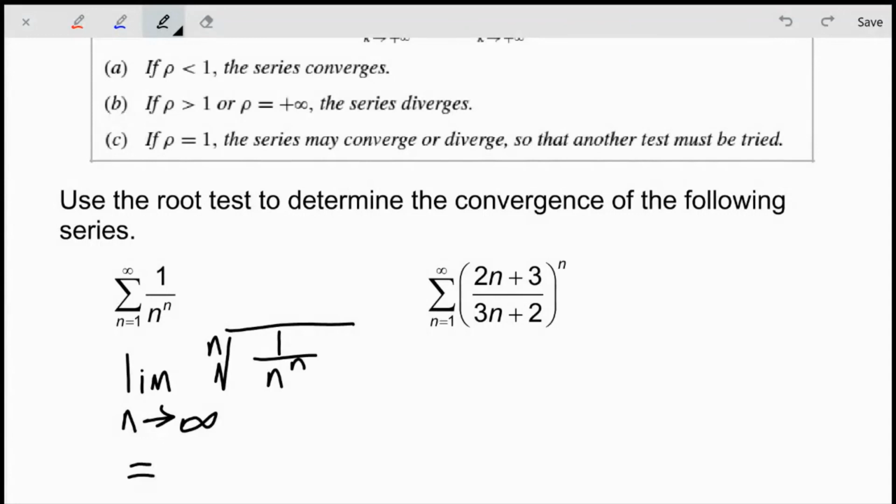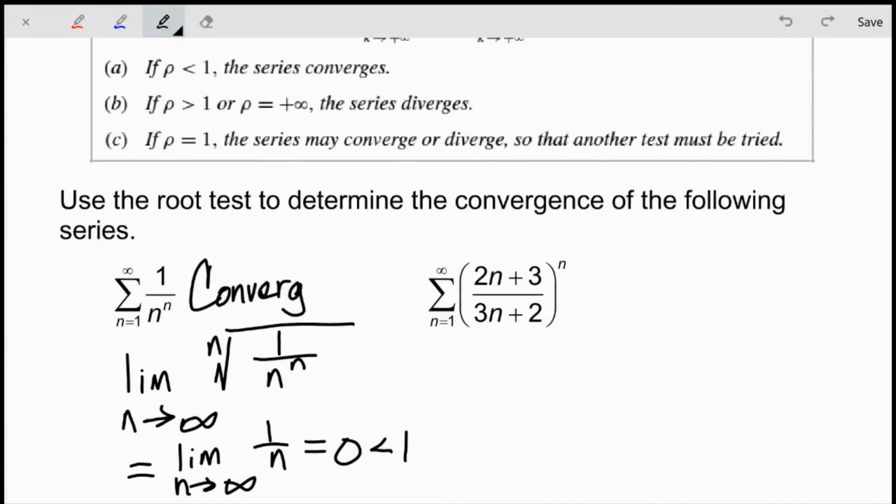And when I do that, that's the same as the limit as n goes to infinity of 1 over n. Now evaluate that limit. We got 0, which is less than 1. That means this one converges. Okay, and that converges by the root test, right? So that would be root test.